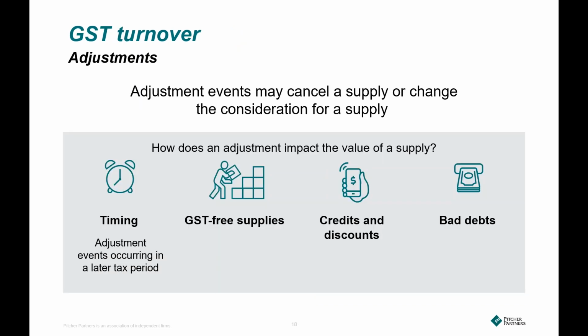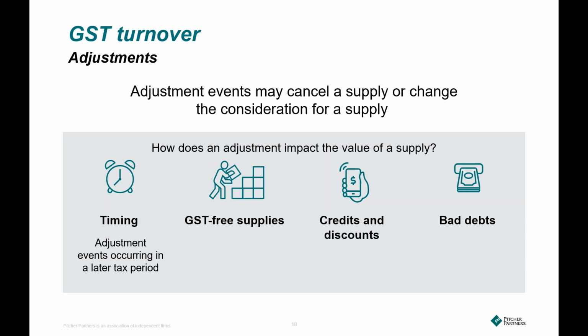Adjustments is the next issue I just wanted to cover, and this is an important issue, particularly in the context of the current environment where a number of businesses will be suffering in respect of bad debts, but potentially in terms of having to offer discounts to their customers for the goods and services that they have supplied.